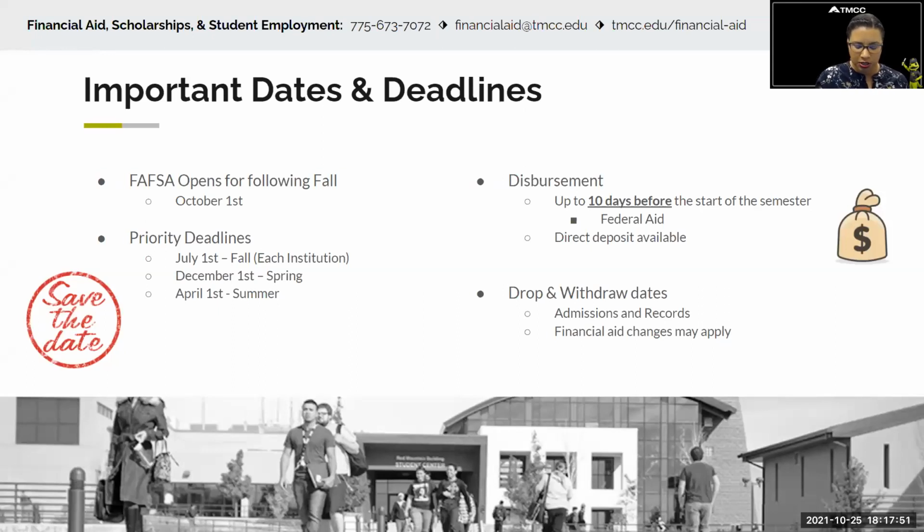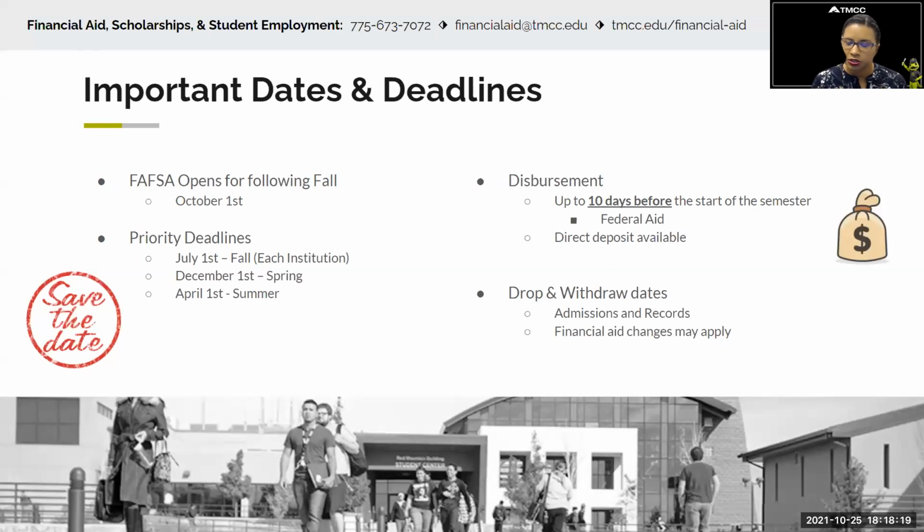So it comes at the end of the school year, which means that those students who plan to attend TMCC the summer after their senior year would need to fill out 2 FAFSA applications. They would need to fill out the 21-22 FAFSA application as well as the 22-23 FAFSA application, and they would use 2019 and 2020 tax information for that.